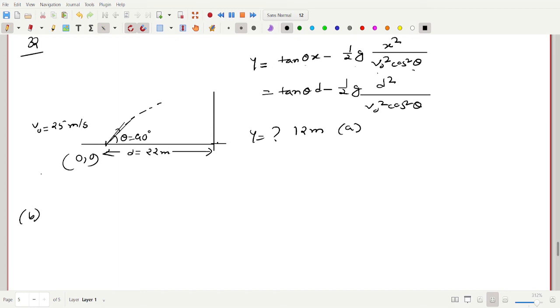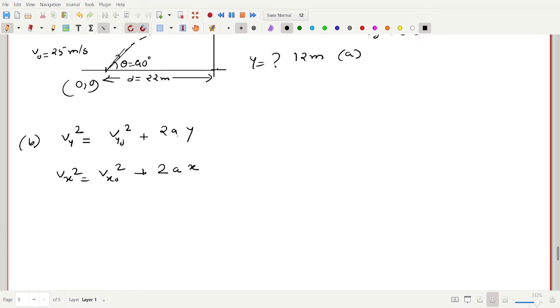Okay, now the question is, when the ball hits the wall, what are the components of its velocity? Fine. How can we calculate this? We can calculate this in two ways. So let's do it one way. We know these formulas. Vy square equals Vy naught square plus 2 ay, and Vx square equals Vx naught square plus 2 ax.